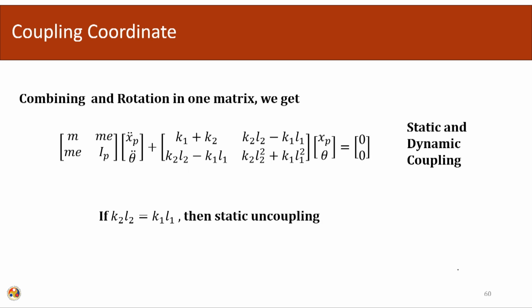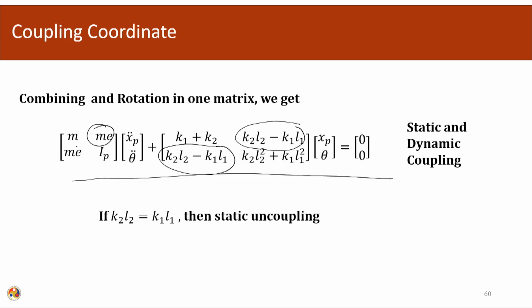Now, we have a case of static coupling because the non diagonal terms in the stiffness matrix are non-zero, and we have a case of coupling in the mass matrix also, in the inertial matrix also. So, this is coupled in the dynamic sense also.